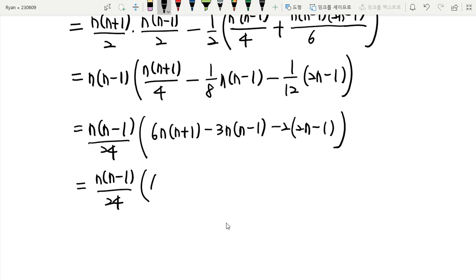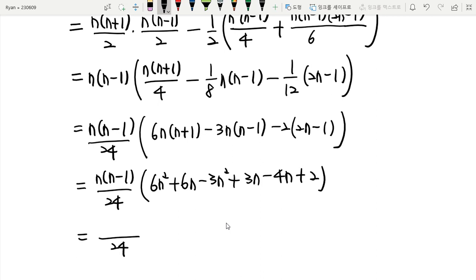And now let's open the parentheses. Can you factor this 3n squared plus 5n plus 2?